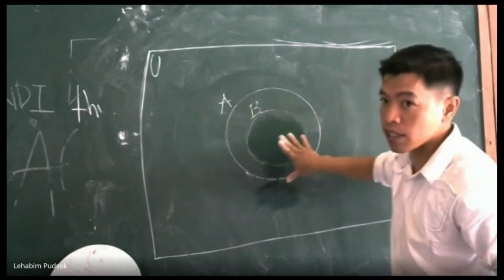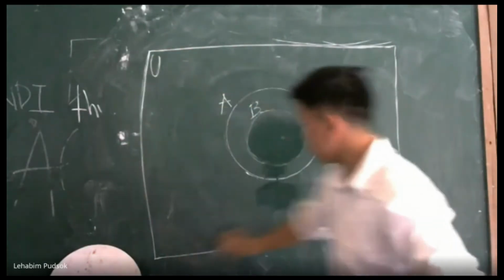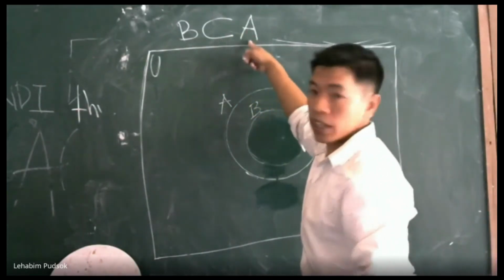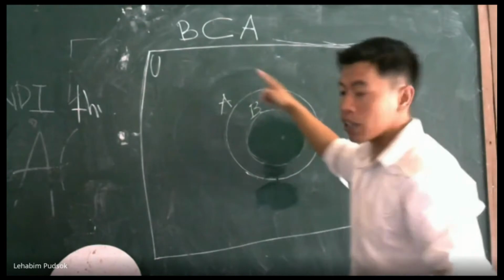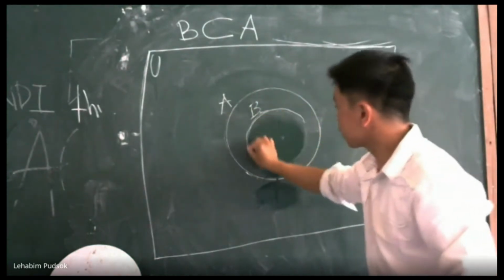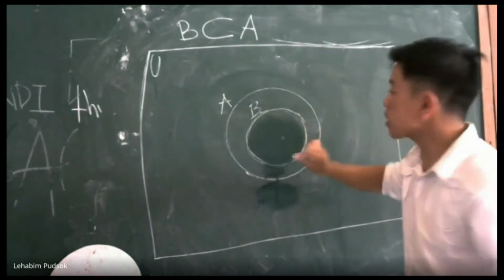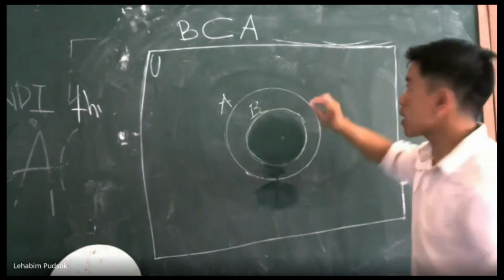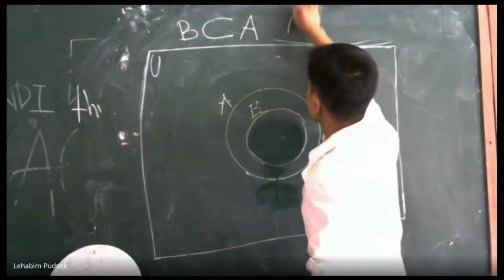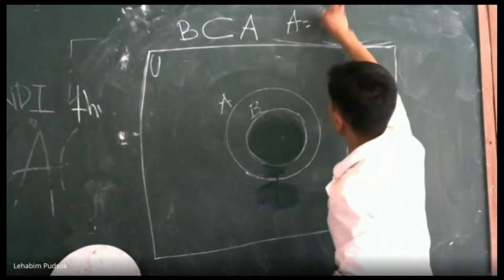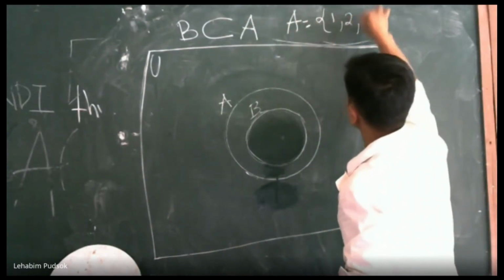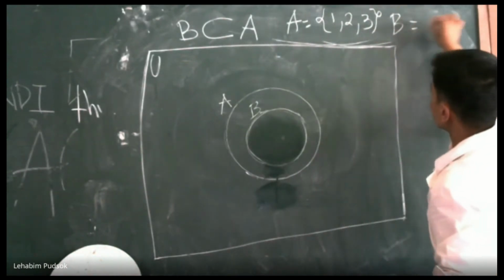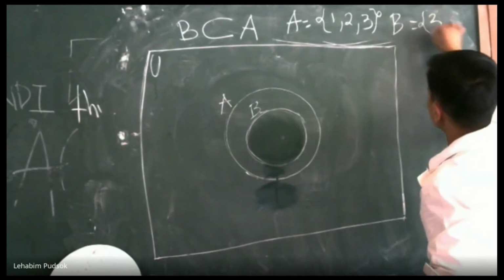And these two sets are subsets of our universal set. B is a subset of A because set B, the smaller circle, is inside A. So for example, set A is equal to 1, 2, 3, and set B is equal to 3.